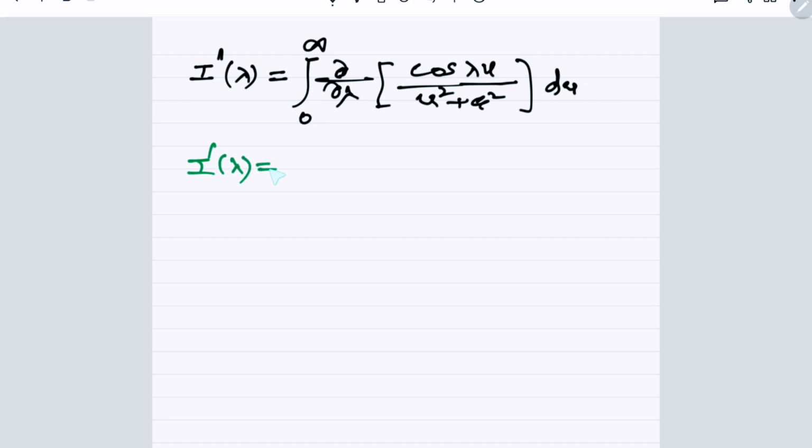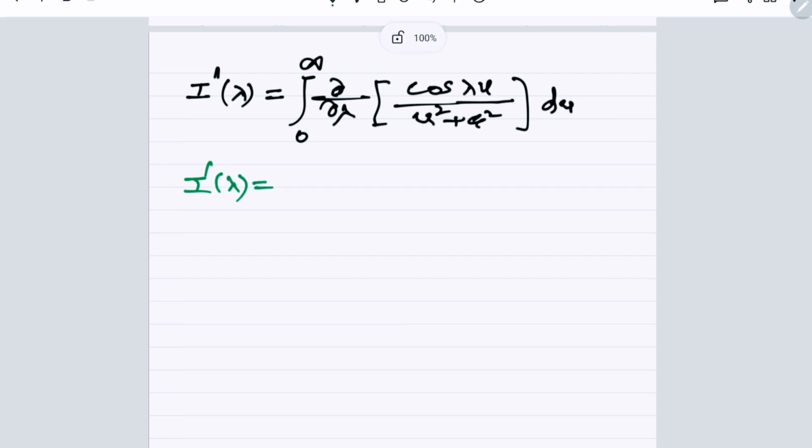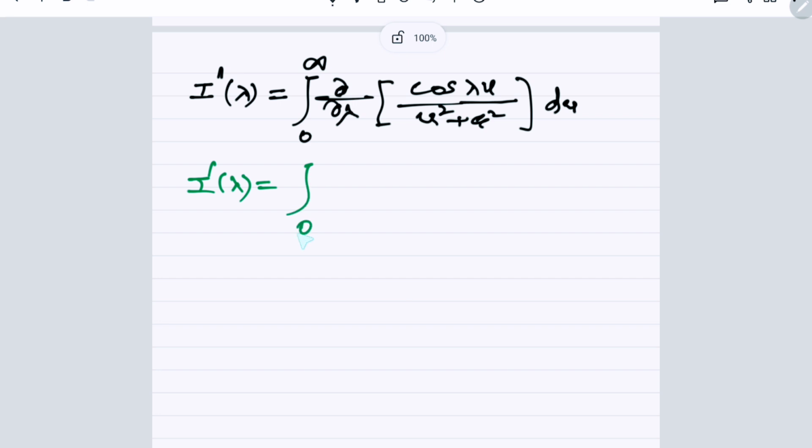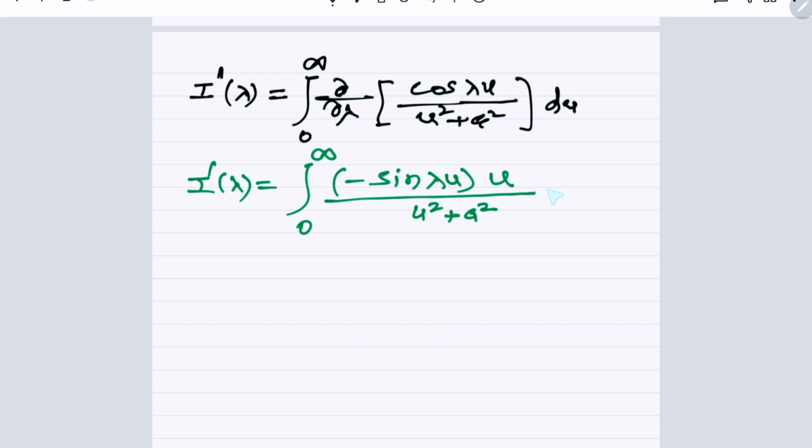The value is integration from 0 to infinity, derivative of cos is minus sine lambda u, chain rule, derivative of lambda u with respect to lambda is u, and the whole divided by u square plus a square, and then its integration with respect to u. Equation number 3.